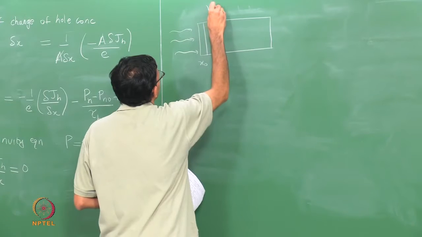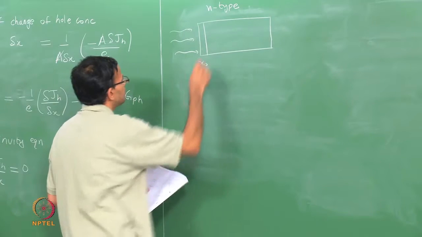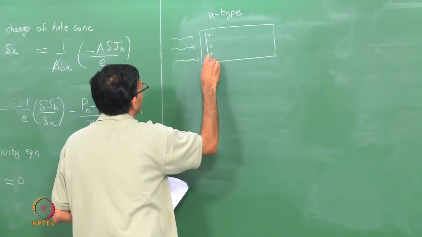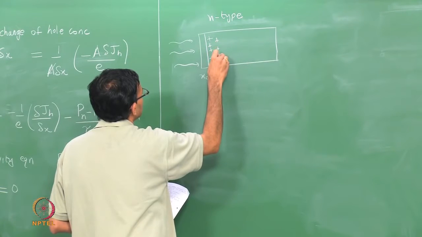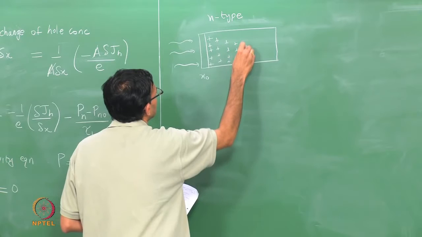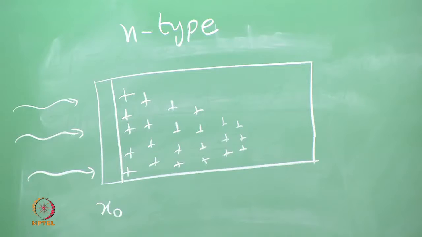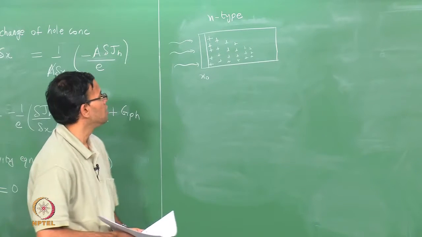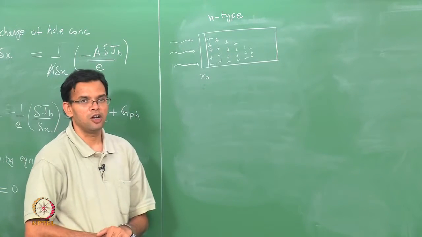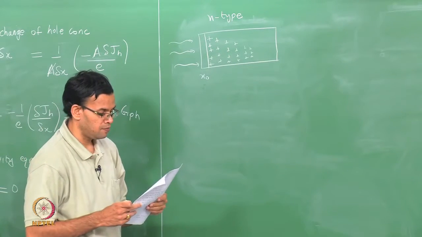If this is an n type material, we know that we are going to get some excess concentration of holes. I am only showing the holes, there are also electrons, but I am only showing the minority carriers, and these holes will essentially diffuse within the material. So, you have light incident on the surface absorbed within some distance x naught, which creates your electron hole pairs, which then diffuse through the material.